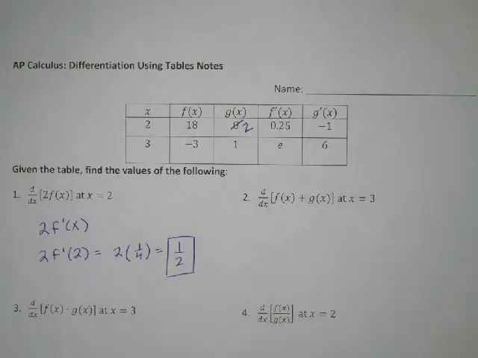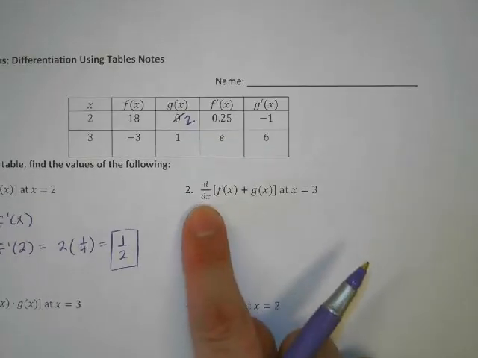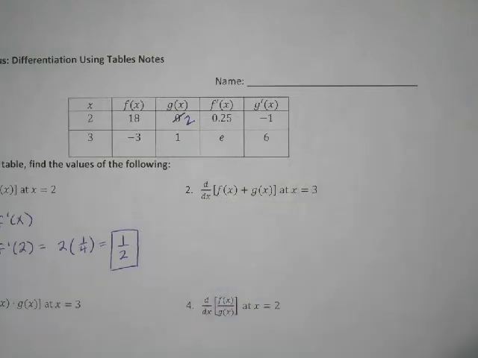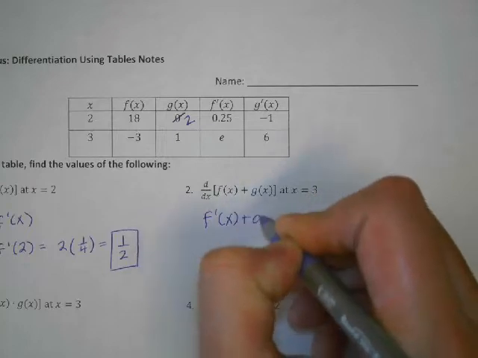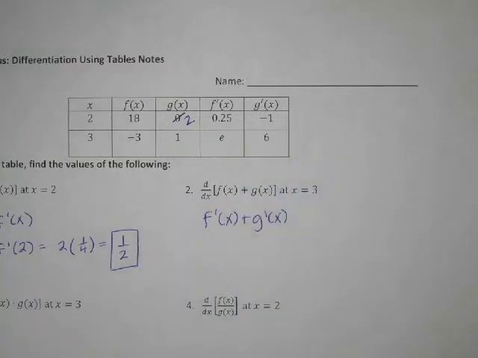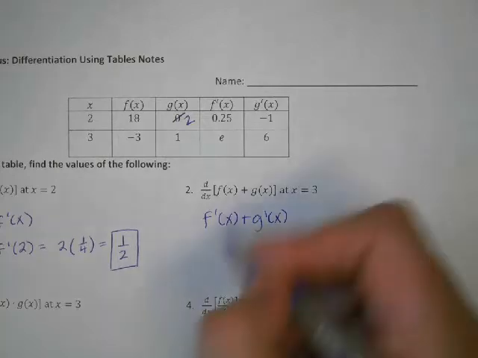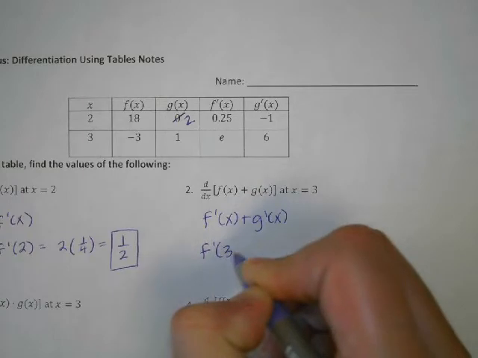All right. The derivative of one function plus another function is just f prime of x plus g prime of x. What we're using is properties of derivatives. If you're taking the derivative of the sum of 2 functions, it's just the sum of each derivative. So we're going to find those derivatives and then add them together.